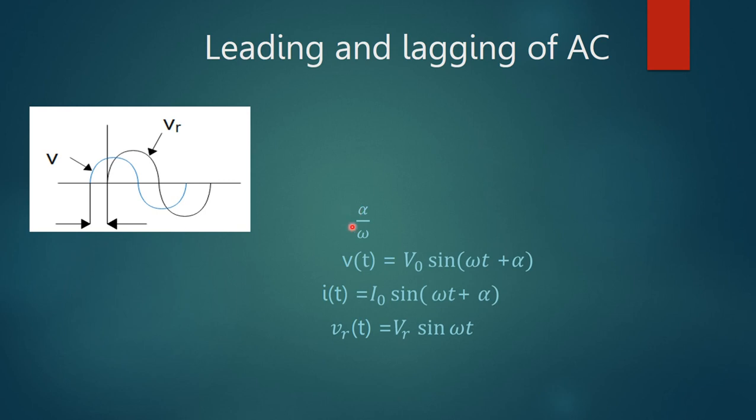This is said to be lead because the time t is equal to alpha by omega. By this time the voltage V attained zero value before Vr, that is, voltage V attained its zero value alpha by omega seconds earlier than Vr.